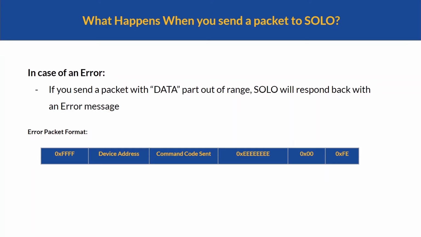The error message is formed like this. It will have the exact same 10 bytes with the initiator and ending, the CRC 0, the same device address, and the command code you sent, but in the data section you're going to receive this value, 8 E's, which stands for error.